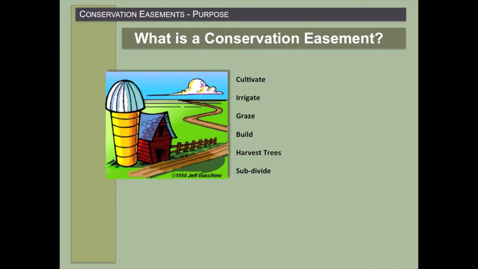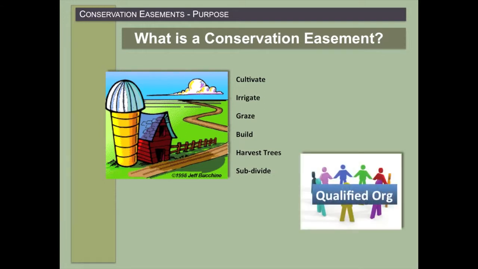And then when you get into a conservation easement, you take some of these rights, and in this case I think we moved, I forget the animation on this. The ability to build or subdivide, you're going to give up that opportunity or right to ask your municipality if you can do some development or some subdivision. That goes into an agreement that that qualified organization then holds. So you have this contractual agreement between them.